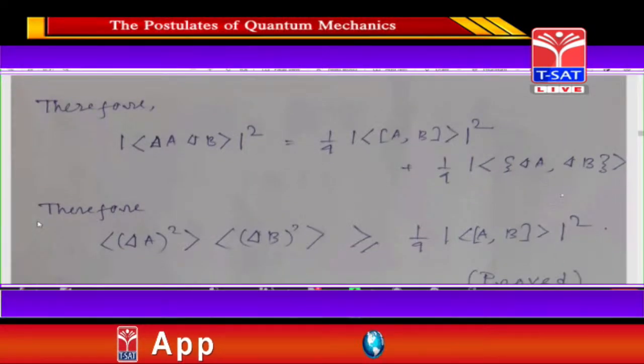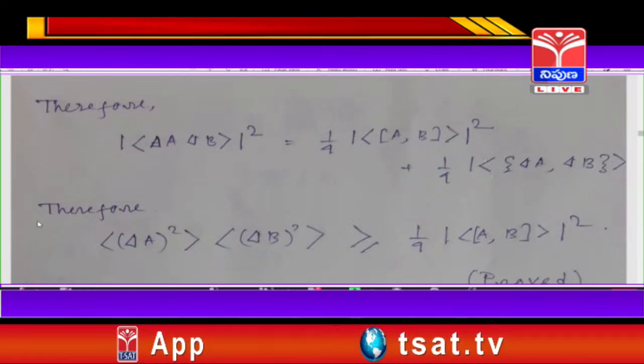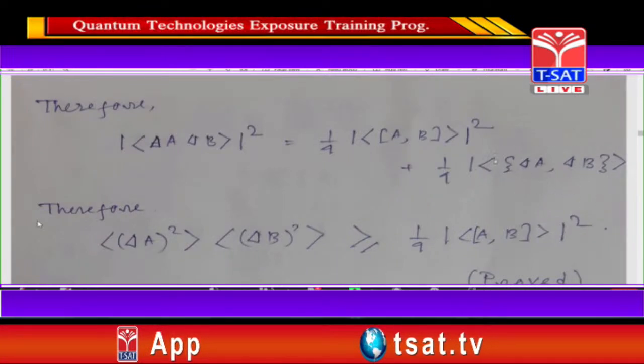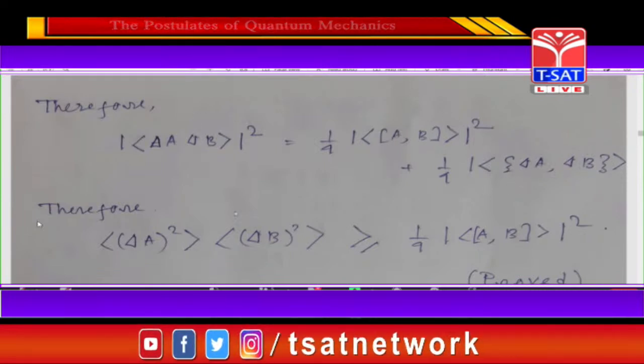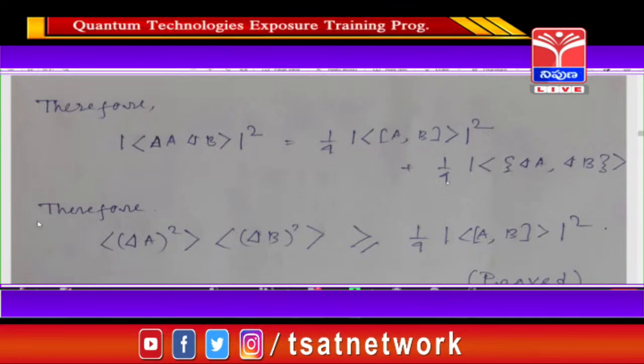Now since this second part is always real, its mod square is positive. So if this is equal to this plus this, the second term in the right hand side is a positive quantity.